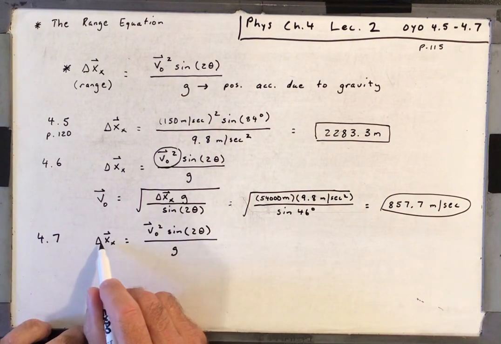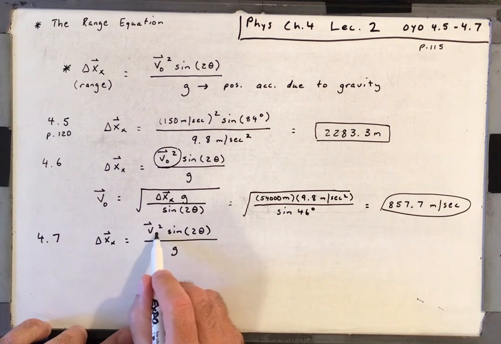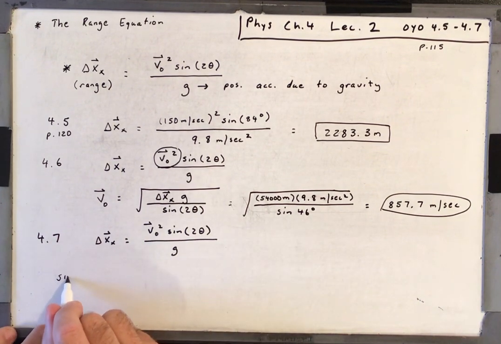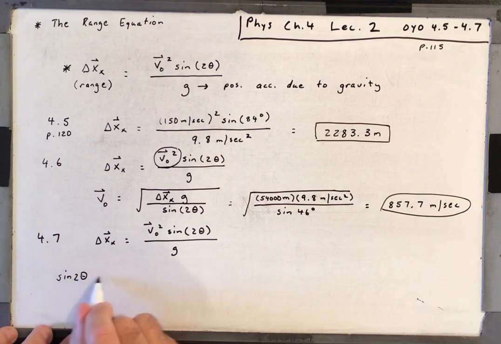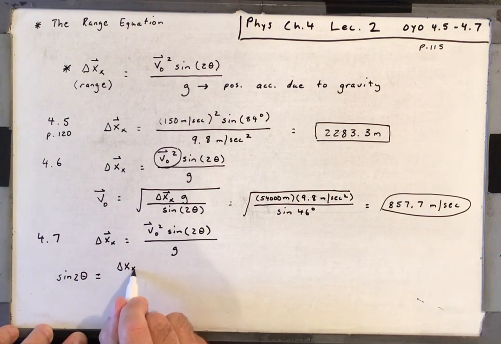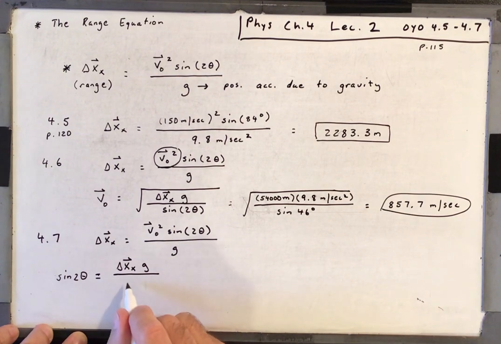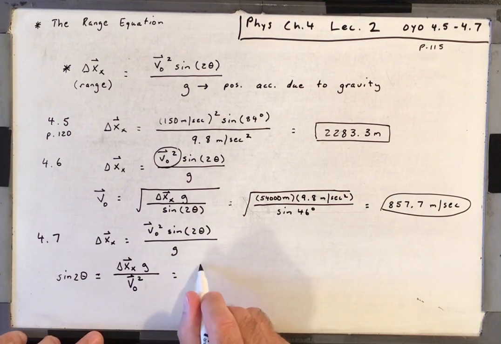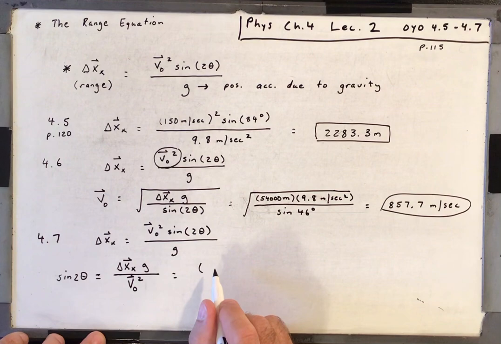So let's multiply both sides by g and then divide both sides by v naught squared. So sine 2 theta is equal to delta x sub x, that's the range, times g, divided by the square of the initial velocity.